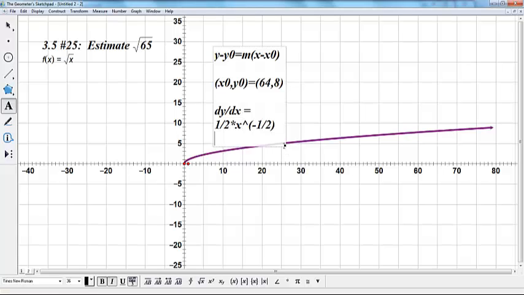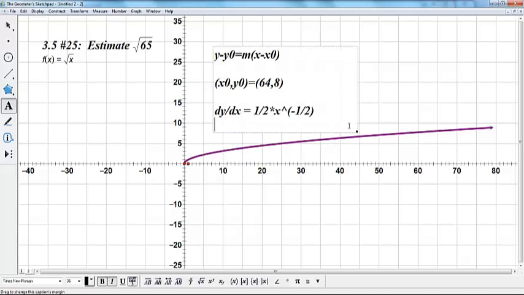Okay, now we want the value dy dx evaluated when x is 64.